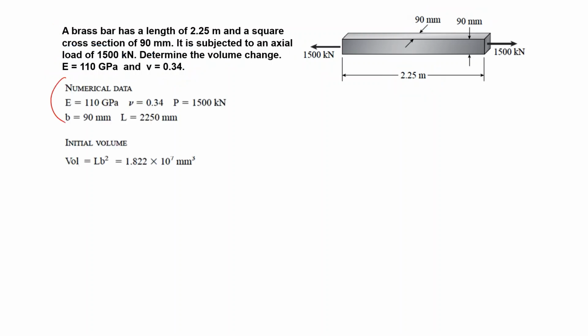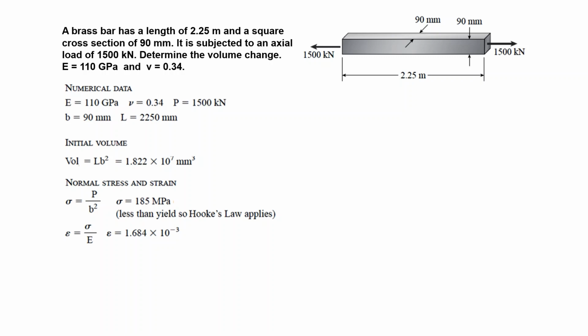Here we have the numerical data, elastic modulus, Poisson's ratio, force, square, and the length. Let's calculate the initial volume, L times B square, that's 90 square, L is in millimeters. This is the result.